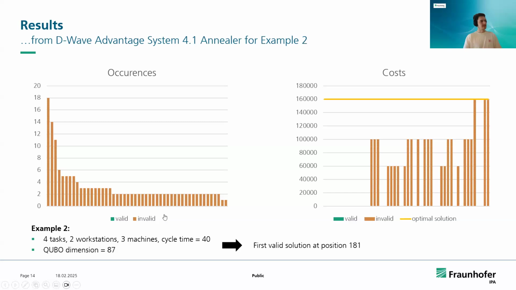So what we can see here is that we mainly sample invalid solutions, and the first valid solution is only at position 181. So yeah, we can see it's already not working so well anymore.